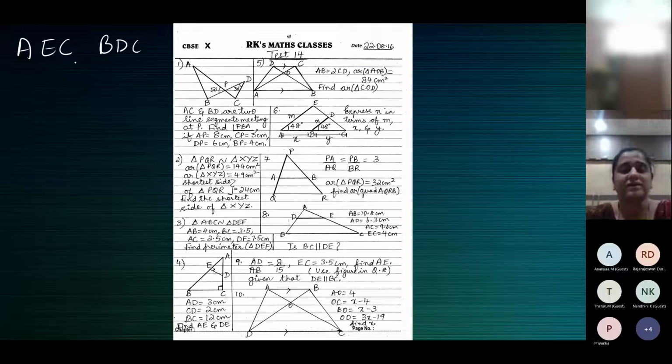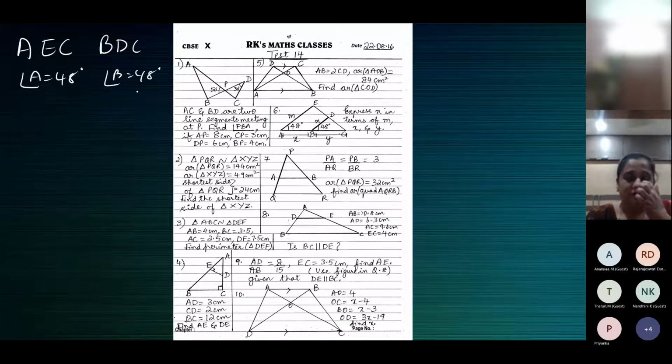So these are the two triangles: one big triangle AEC and the one inside that, BDC. In the first triangle, angle A is 48 degrees, and in the second triangle, angle B is 48 degrees. And in both the triangles, angle C is common.